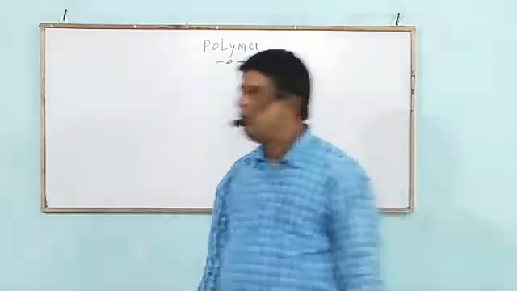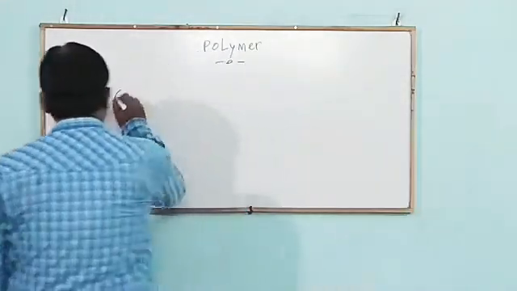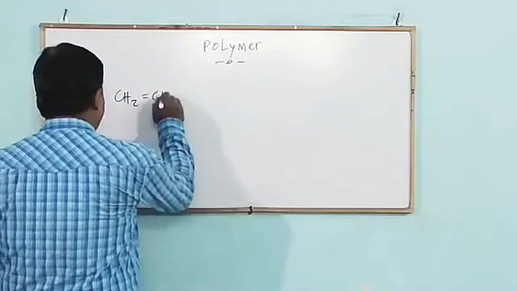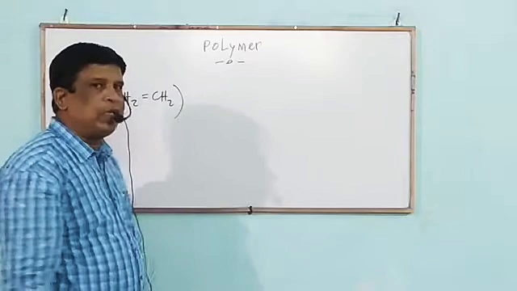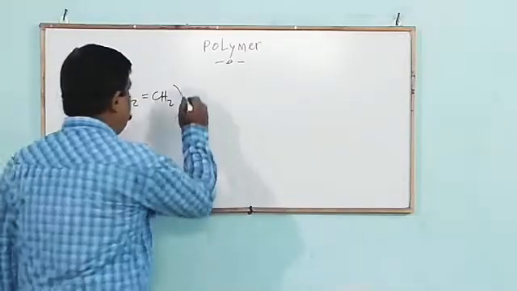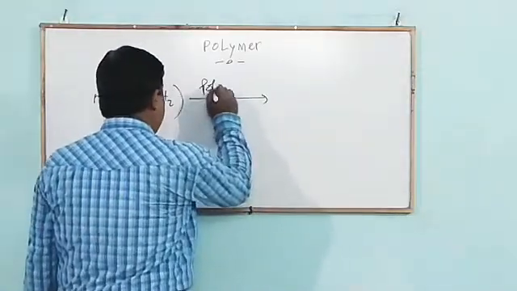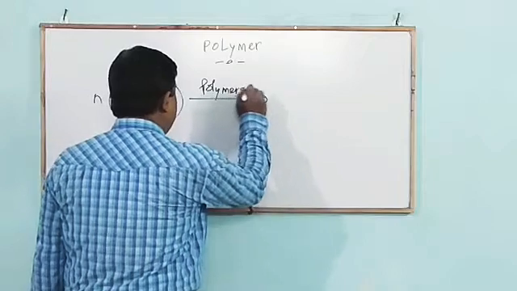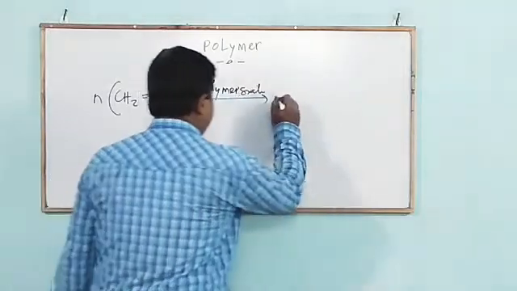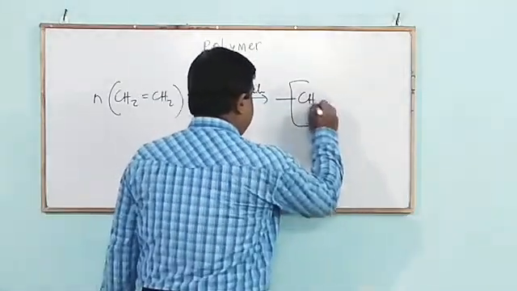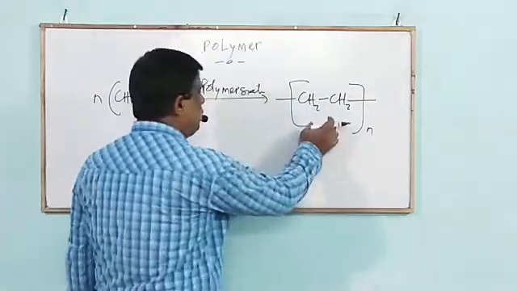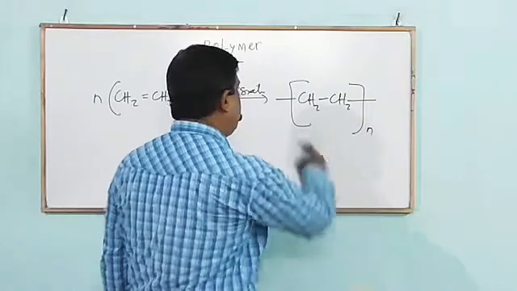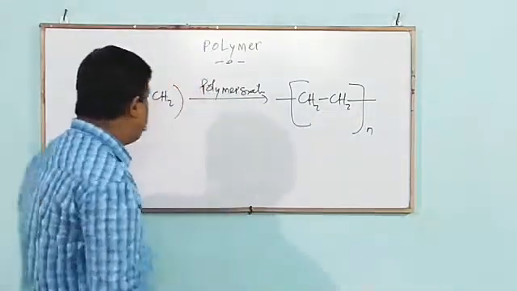For example, if we select ethylene, CH2=CH2, n number of ethylene molecules undergo polymerization, then it will form a single giant unit. That means this unit repeats for a long time to form a single giant unit.